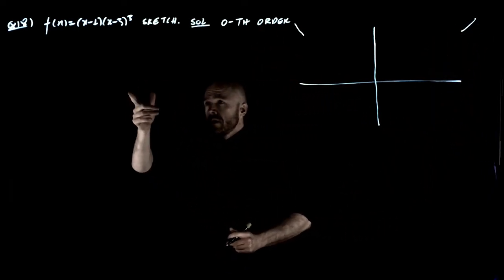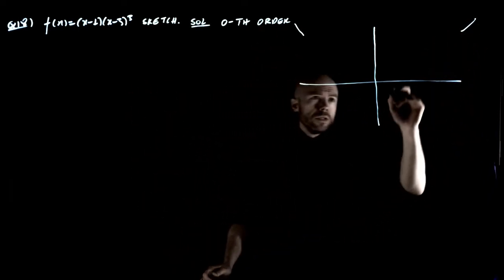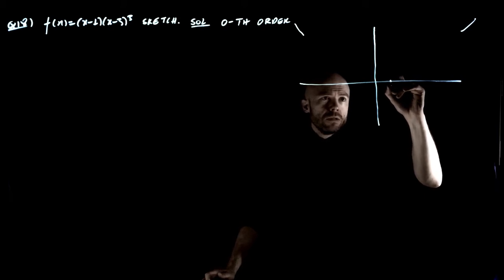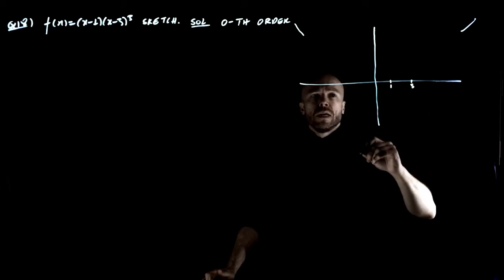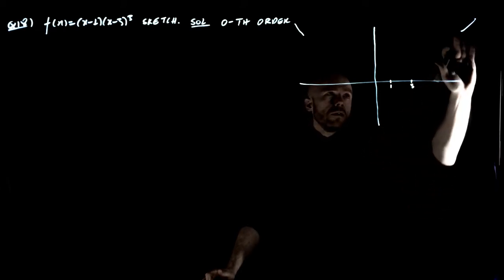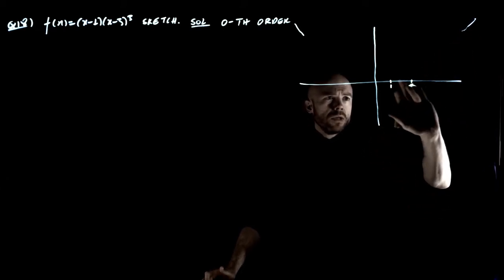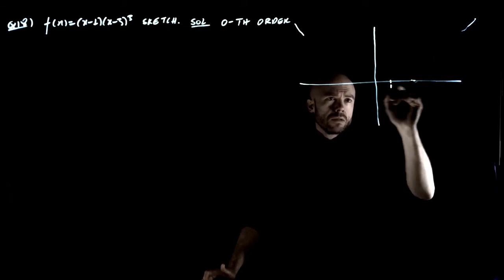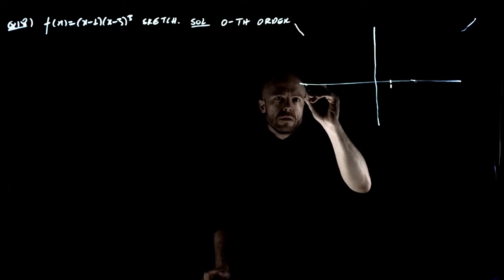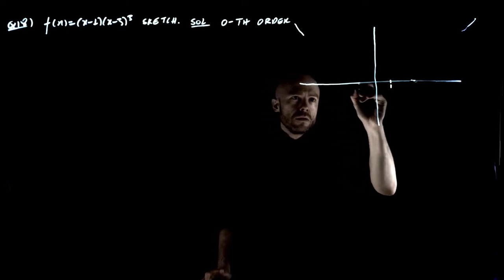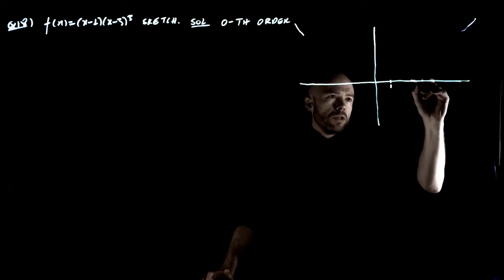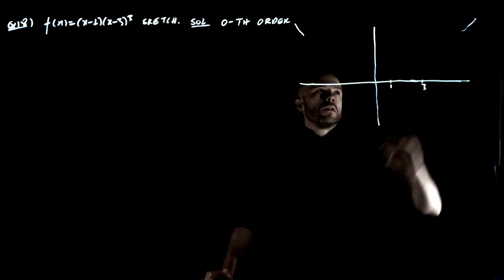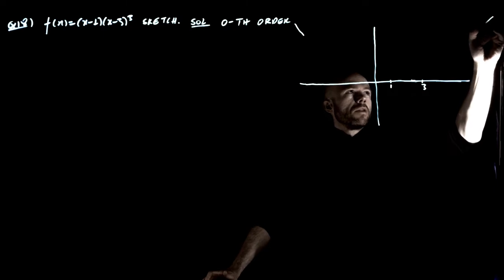We know it is 0 at 1 and it's 0 at 3. So here's 1, and let's put 3 a little further along to make a nicer diagram, over here. And it is growing out like this.